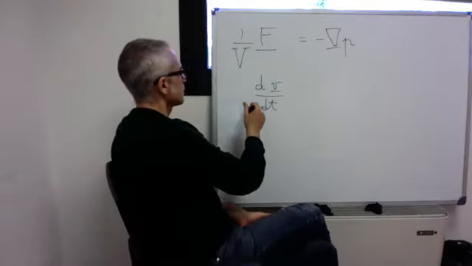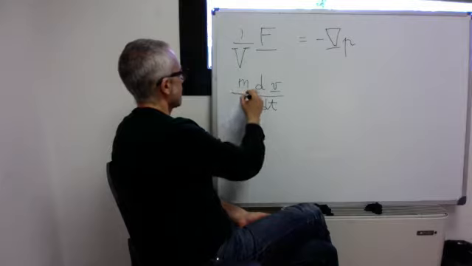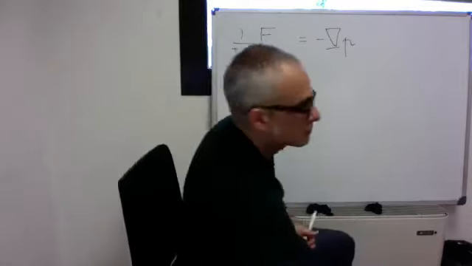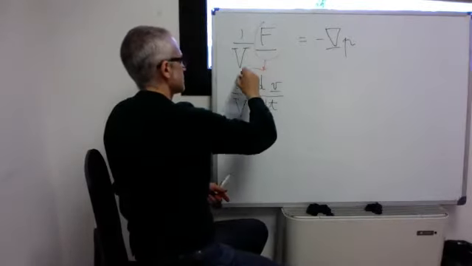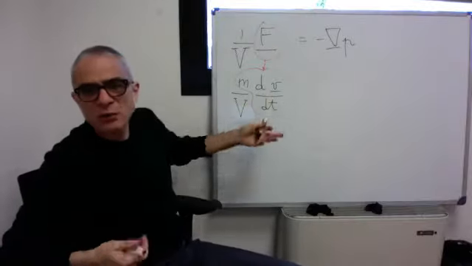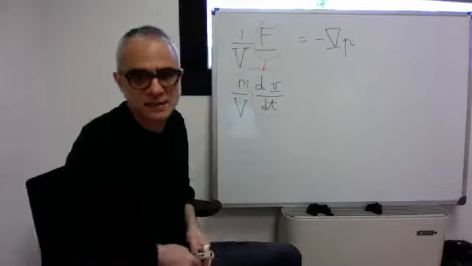Well, F can be replaced with mass times acceleration. This is just another way of writing acceleration, okay? The time derivative of velocity is acceleration.